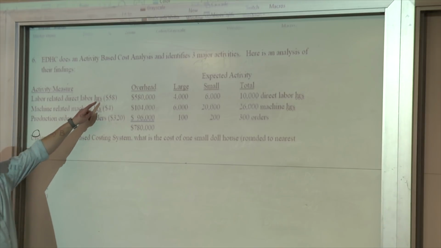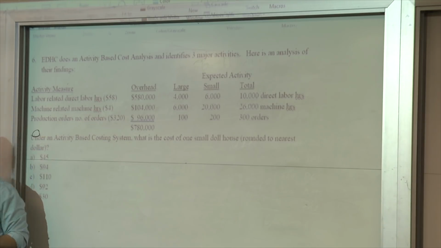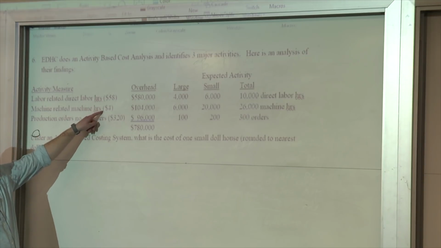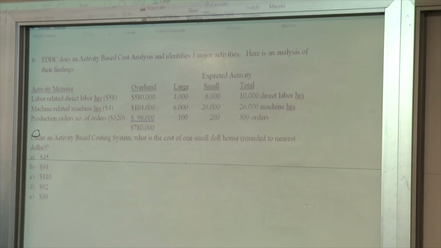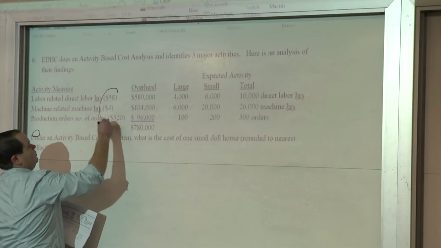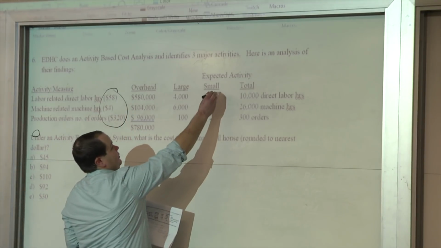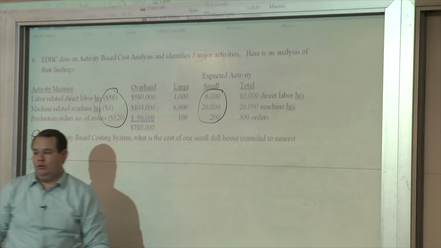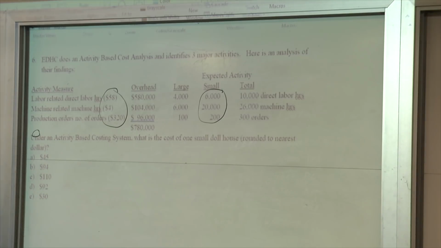They give us per unit overhead charges for that. So if we want to find out what overhead we're going to apply to the small dollhouse, and these are our rates, 58, 4, and 320, we're going to multiply them by the activity associated with the making of the small dollhouse.